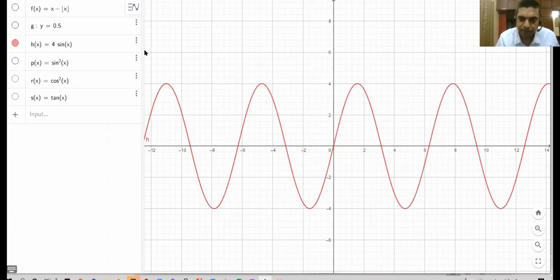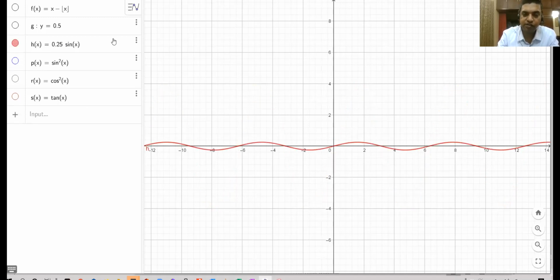What has happened? The period has not changed. The interval in which the graph repeats has not changed. What has changed is the amplitude, the maximum and minimum. So 4 times sine pi by 2 will be 4. And then when I change it to 1 by 4, let's say 1 by 4 is 0.25.